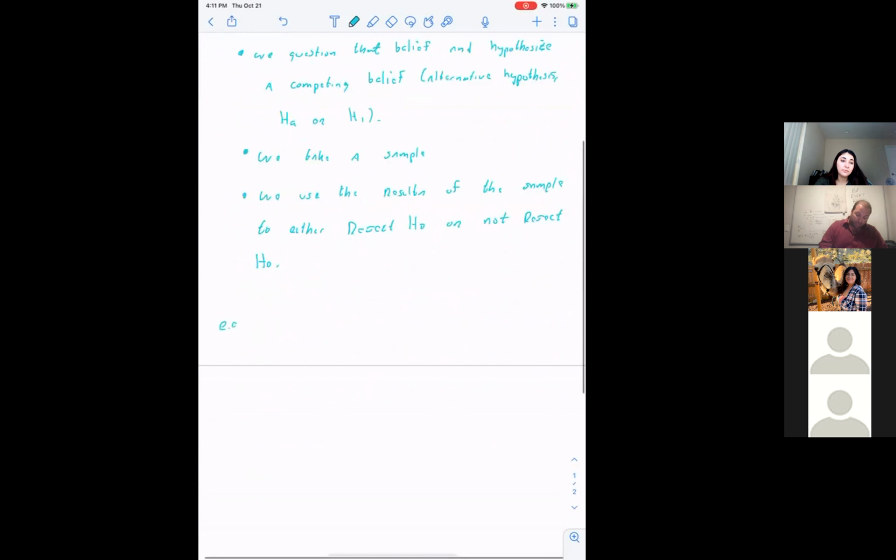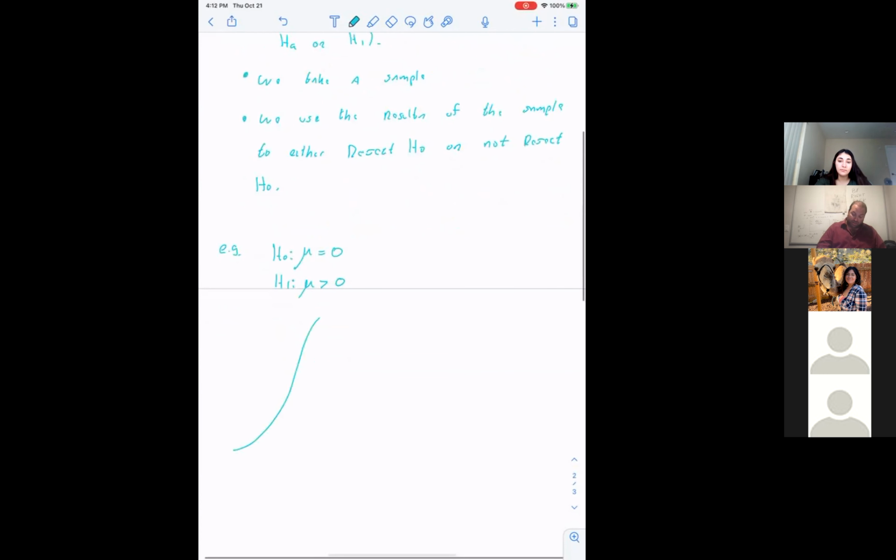As an example, suppose we have a hypothesis test where somebody claims the average of some distribution should be 0, and you come along and say, no, I believe that the average is greater than 0.